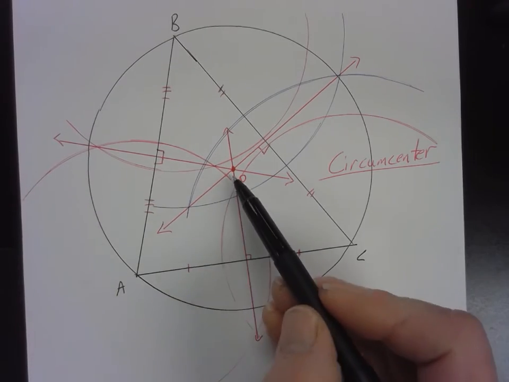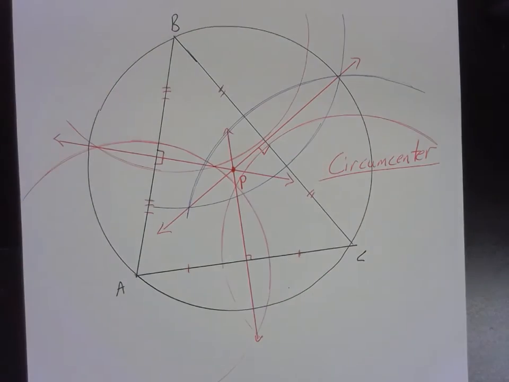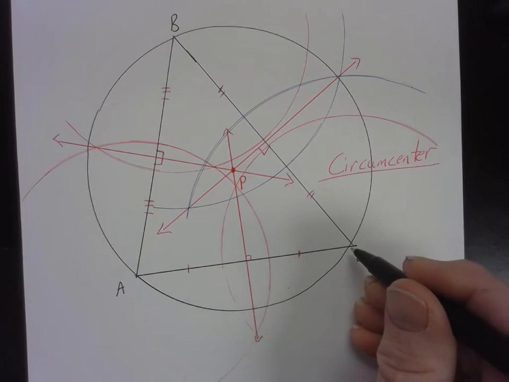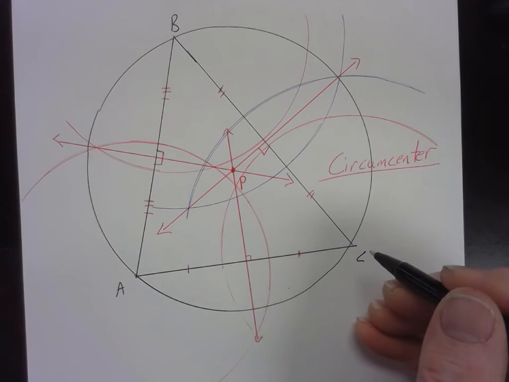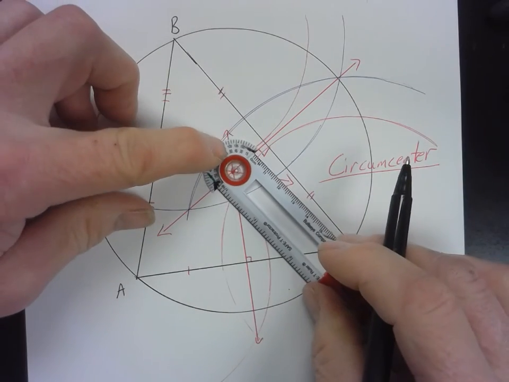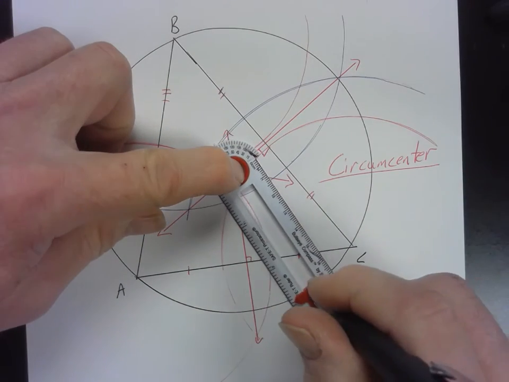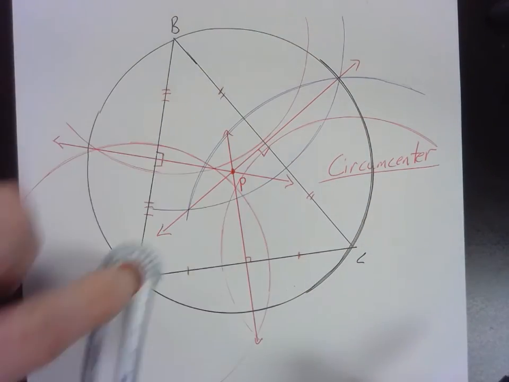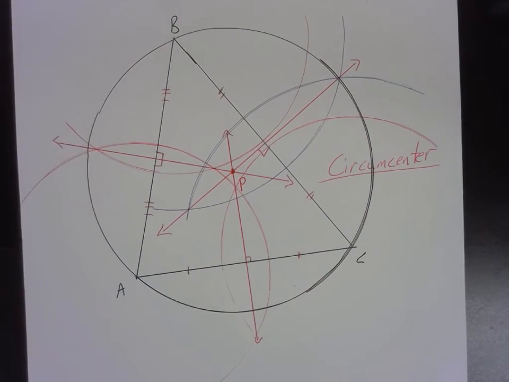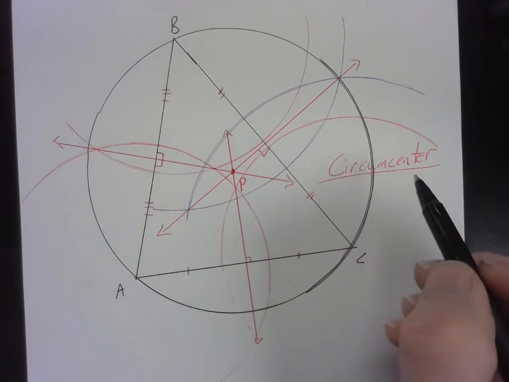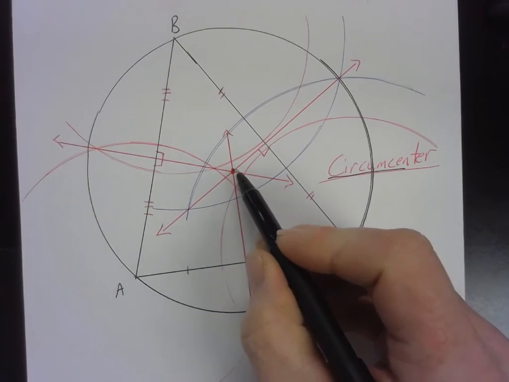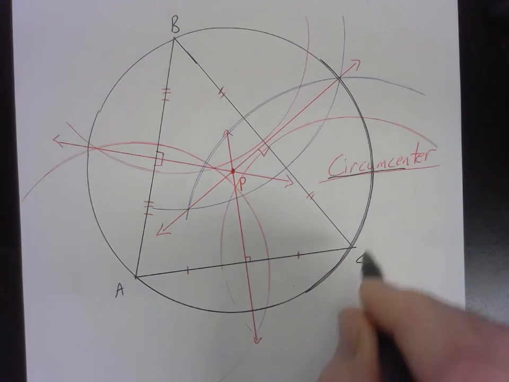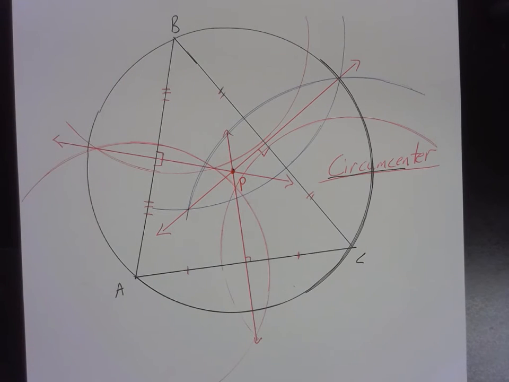So all three of those are actually radii of that circle. So they're all three equidistant from this point. And that's why it's called the circumcenter, because from that point you can circumscribe the triangle. Okay?